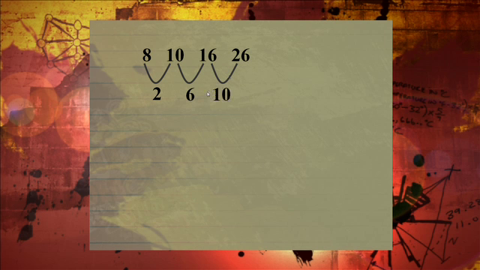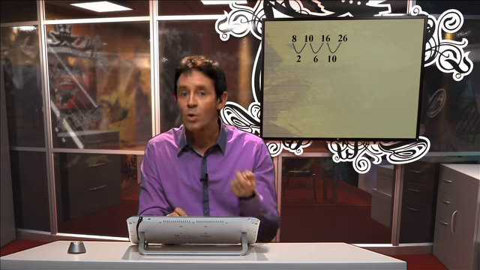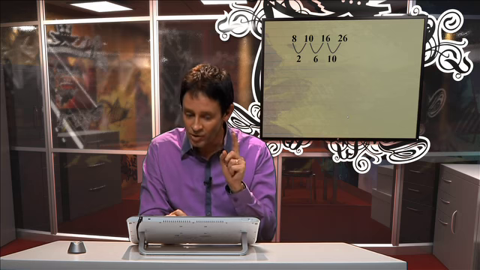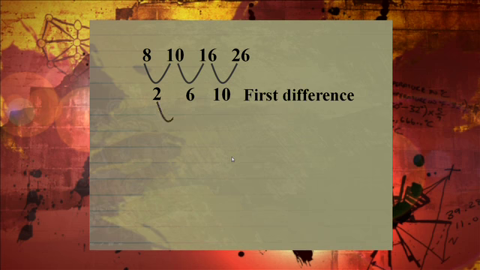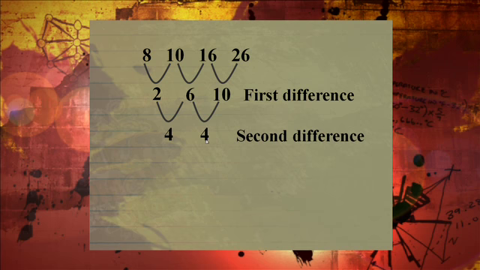If these were exactly the same, if you were adding the exact same thing, that would have been linear, and we would have gone b plus c, or a plus n minus 1 d. Now hold on to this. That's the first difference row. Here, we've got 4 and 4, the difference between 10 and 6. That's called the constant second difference.